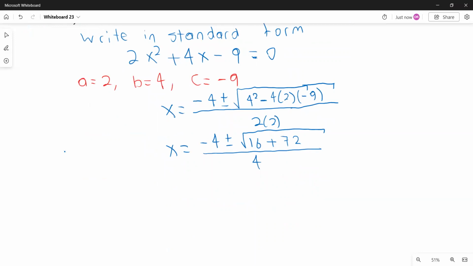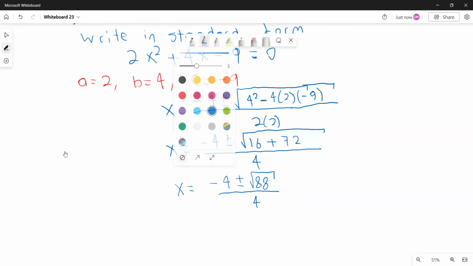16 plus 72 is 88. Then 88. Let's see, we can simplify this a little bit. 88 is 4 times 22.